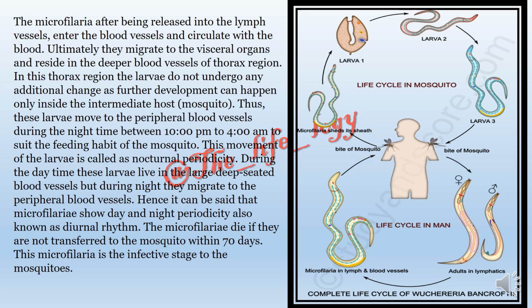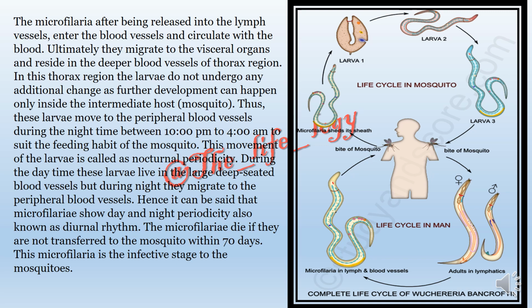In the daytime they reside in the deeper blood vessels, but in the night time they appear in the peripheral blood vessels, which suits the feeding habit of the mosquito. These larvae move to the peripheral blood vessels during the night between 10 p.m. and 4 a.m. to suit the feeding habit of the mosquito.